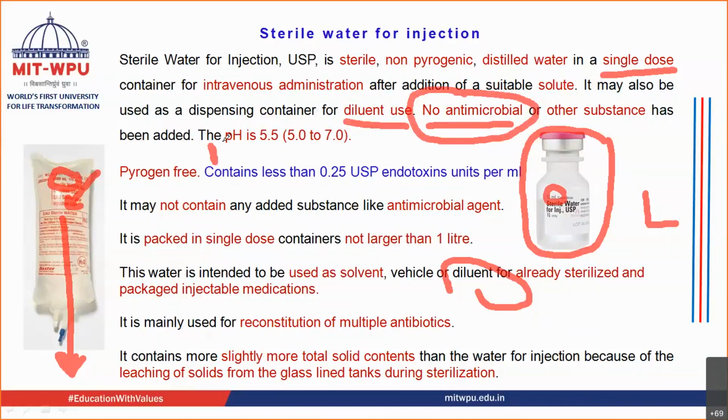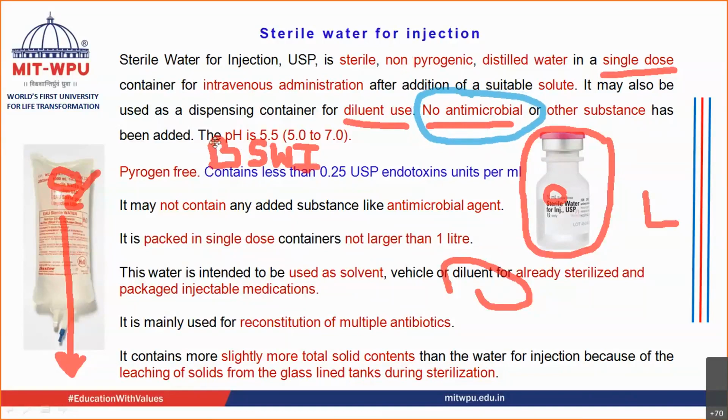So what do bacteriostatic sterile water for injection contain? They contain sterile water for injection along with the antimicrobial agent. So they should be free from microbes, but at the same time, no antimicrobial agent should be added into sterile water for injection.